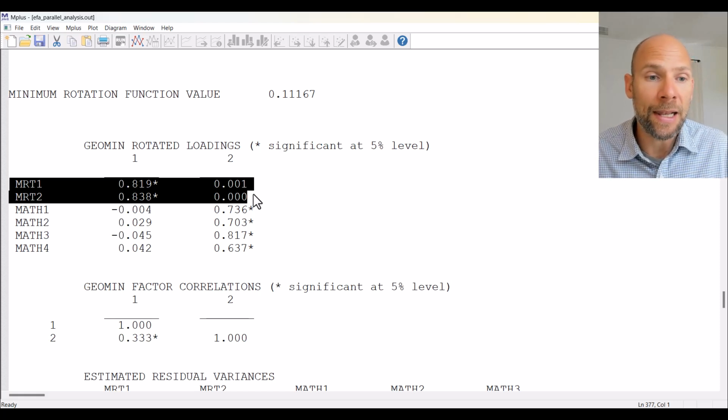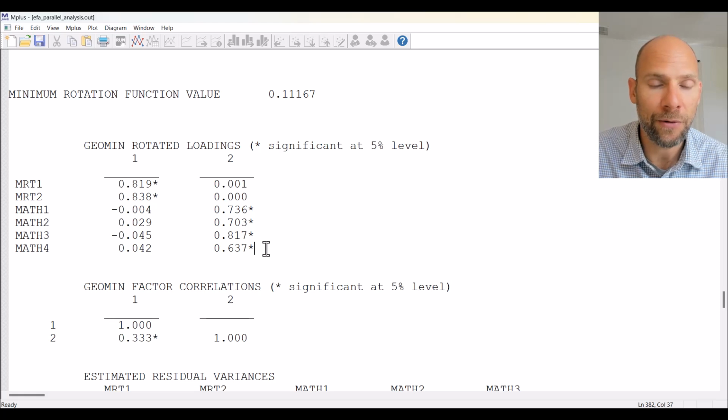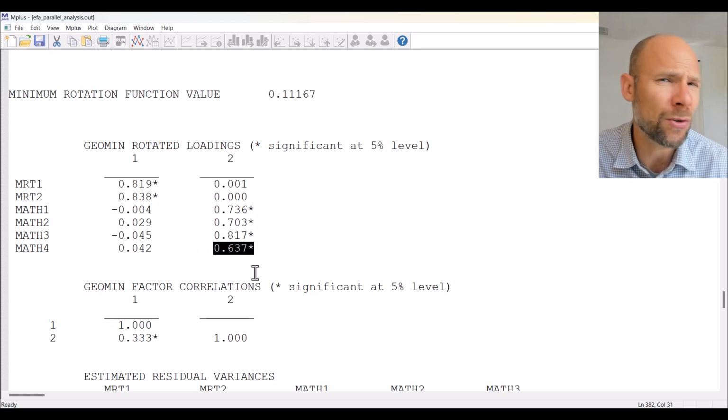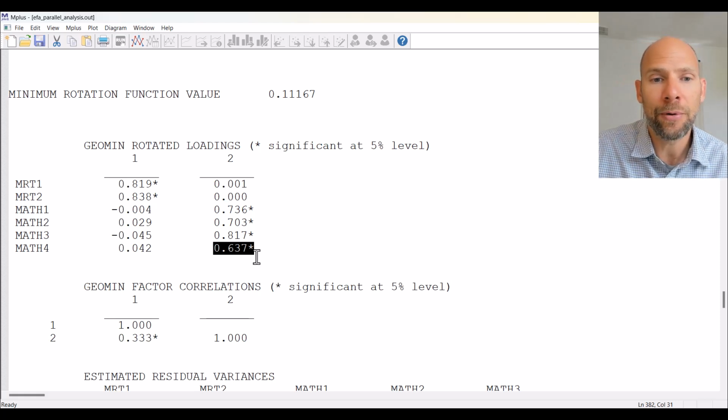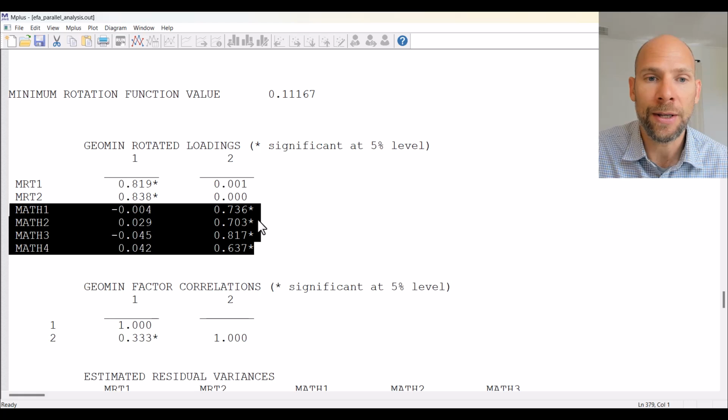Okay. And then likewise, for the second factor, we find very clear loadings of the math factors that are between 0.7 and 0.82, or actually there's one that's lower for the last subscale, which is only 0.64, which is not so great, but it's still a pretty substantial loading. So clearly those four math variables, they have the stronger loadings on the second factor.